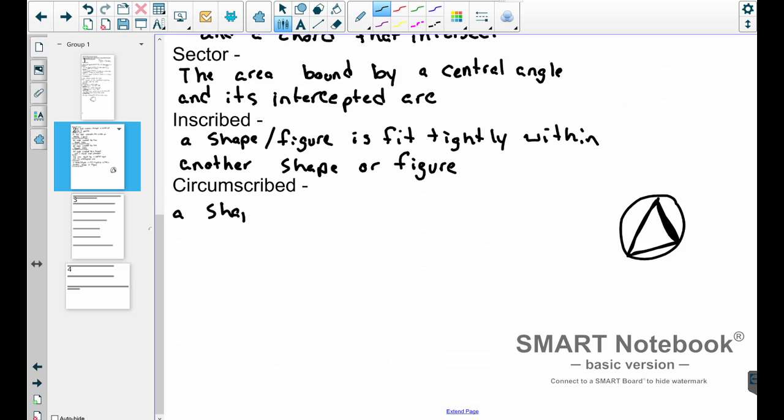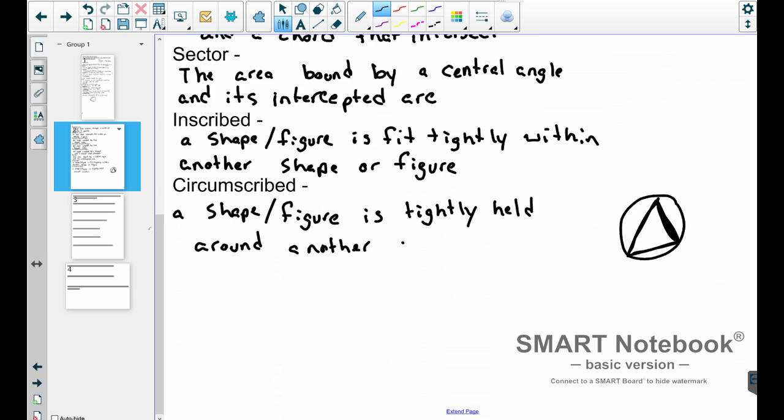A shape or figure is, we'll say, tightly held around another shape or figure.